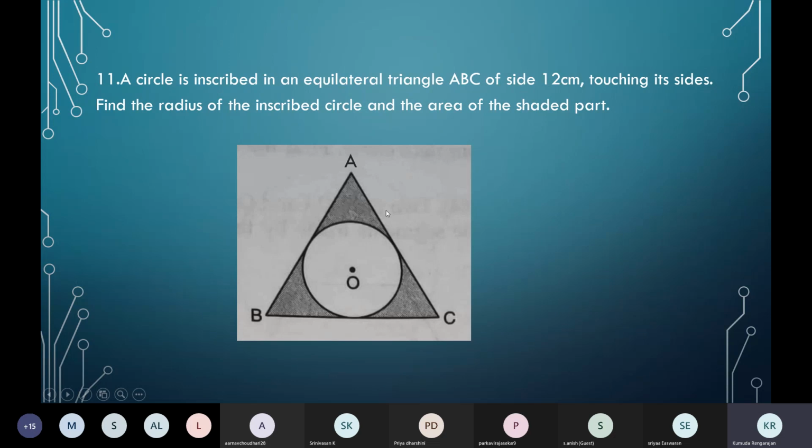The sides of the triangle are tangential to the circle. Am I audible, children? Yes, ma'am. The three sides of the triangle act as tangents to the circle.